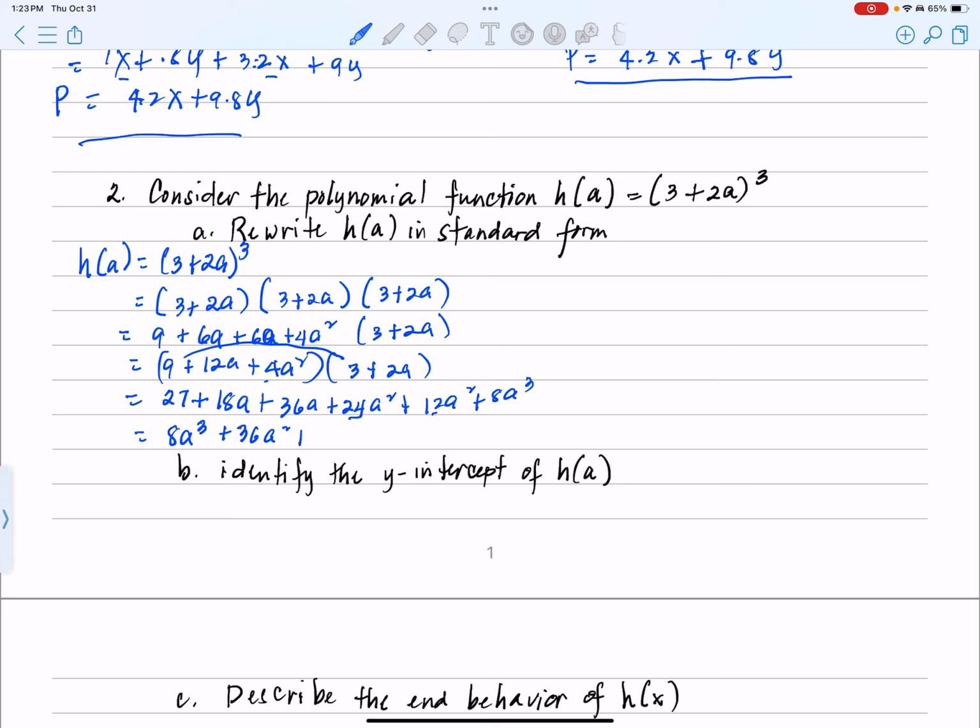And the A is 18 and 36. I have 54A, and the constant is 27. Right?